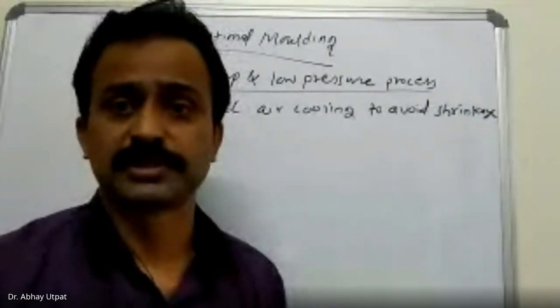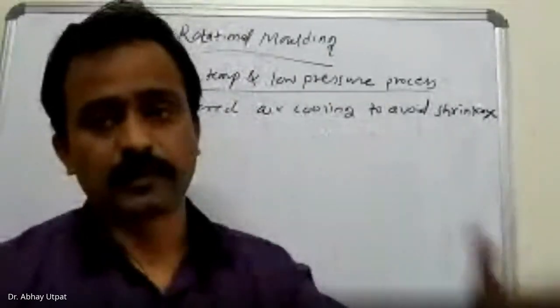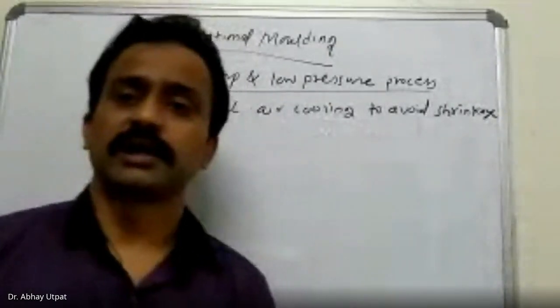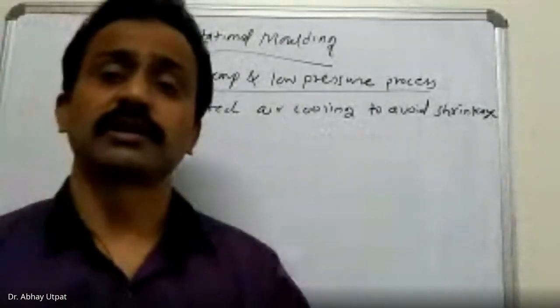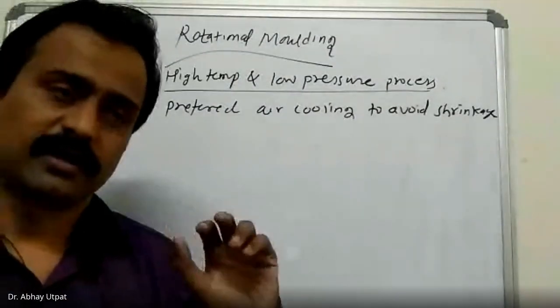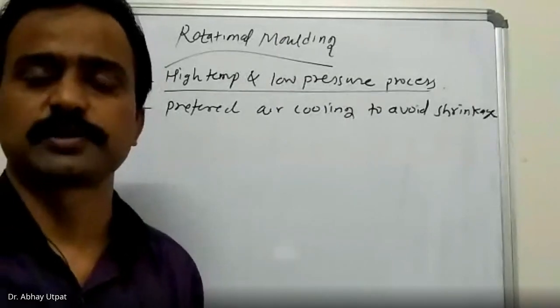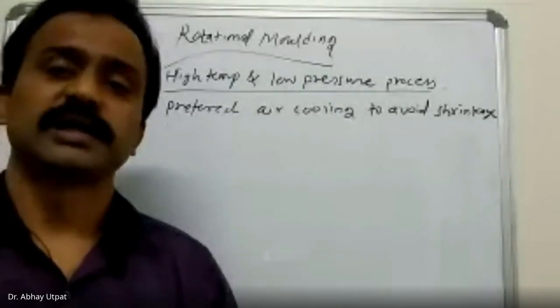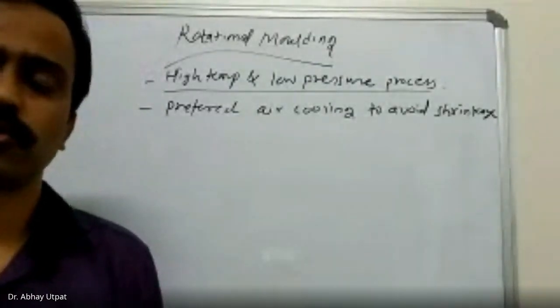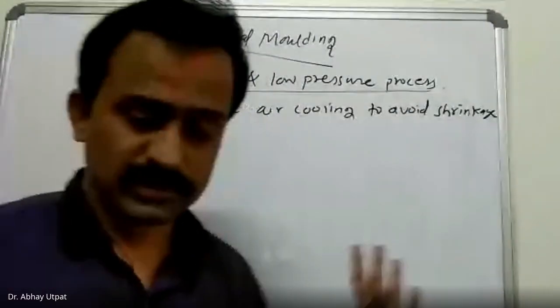How is it maintained? Because the inner part of the mold is coated with lubrication. Because of the lubrication, it is possible to remove the part easily from the mold after cooling. So this is all about rotational molding.